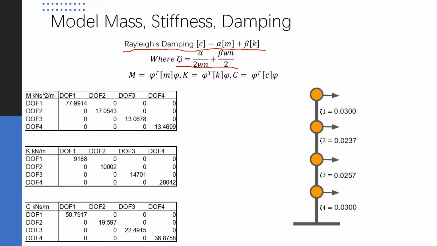Then the generalized mass, stiffness, and damping matrices are calculated by multiplying the transposed normalized shape matrix by the mass, damping, and stiffness matrices, and then by the normalized shape matrix.